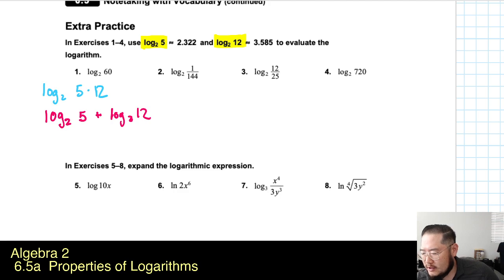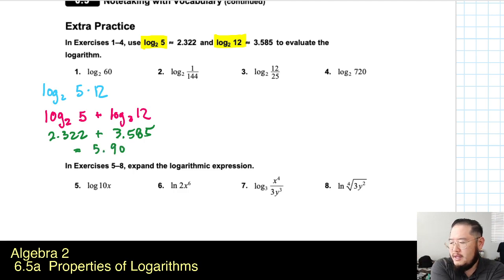Log base 2 of 5 is now equal to 2.322. Log base 2 of 12 is 3.585. And then you can plug all that together, and we get approximately 5.907. And typically they do want you to round to the thousandths in this section when we're dealing with these logarithms. So make sure you do that.